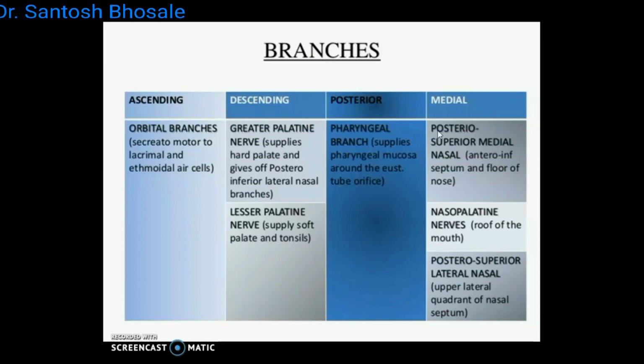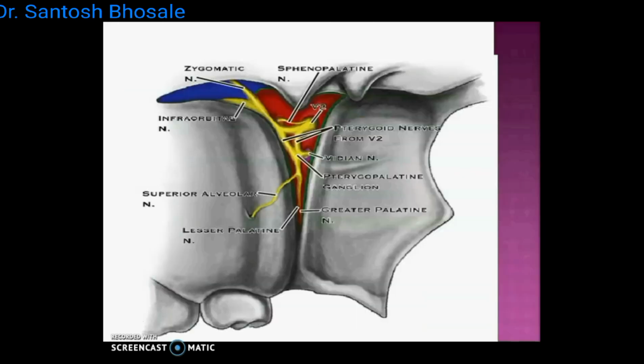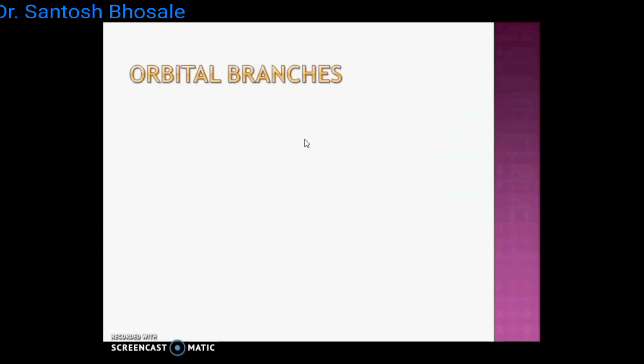Palatine branches pass via the greater palatine and lesser palatine nerves, the orbital branch through the infraorbital nerve, the pharyngeal branch through the palatinovaginal canal, and the nasal branch via the nasal branches. You can see the pterygomaxillary fissure and the pterygopalatine ganglion.